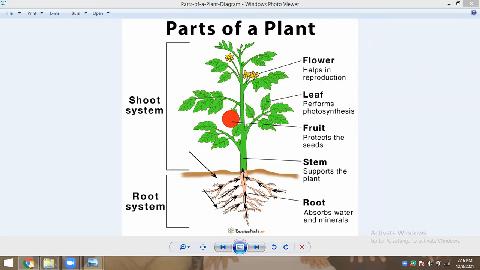It goes down and then through the roots, it goes inside the plant stem and is distributed to leaves and fruit and flowers and all other parts of the plant. That's how we make arrows in our book as well. Water comes from the soil, enters the roots through root hairs, and then into the stem and goes to all the parts of a plant.